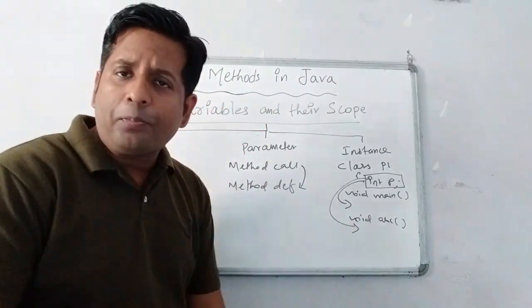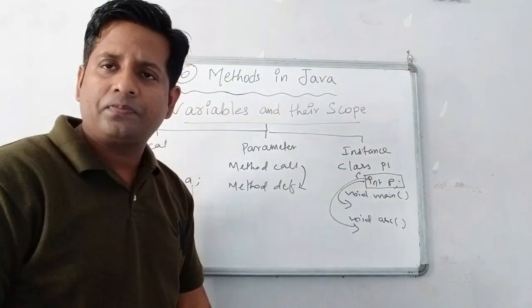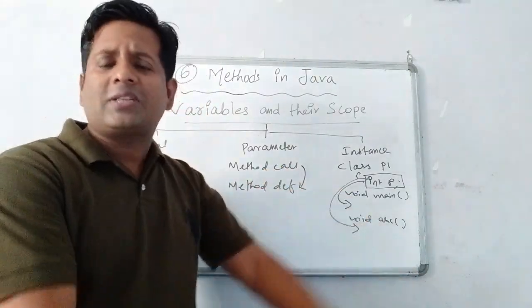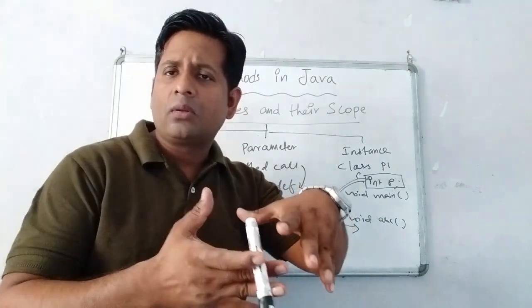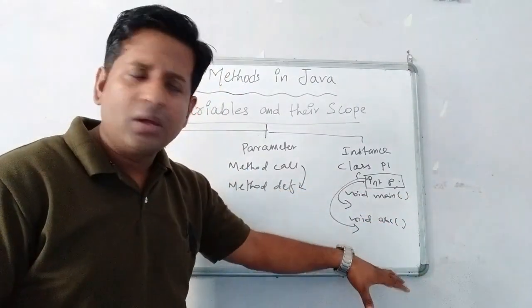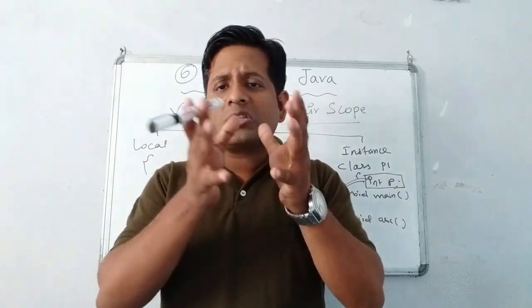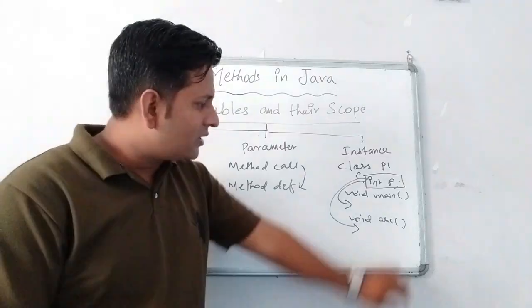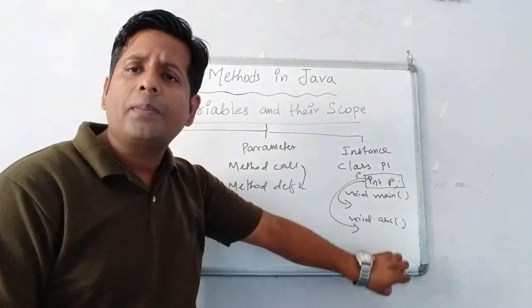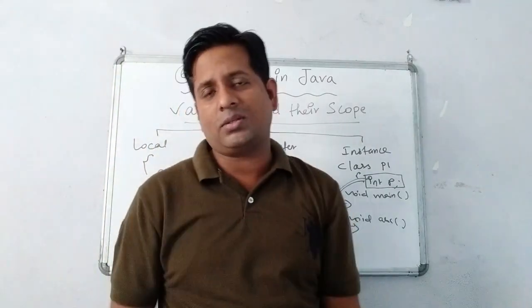Means in the entire program, anywhere we can use these instance variables, because separate memory is allocated. This p is not in any function. It is directly inside the class. So a separate memory has been allocated for these variables, and this variable will be known to multiple functions, anywhere within that particular class.